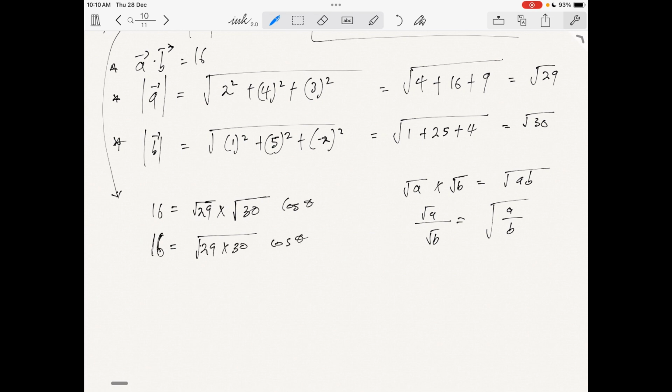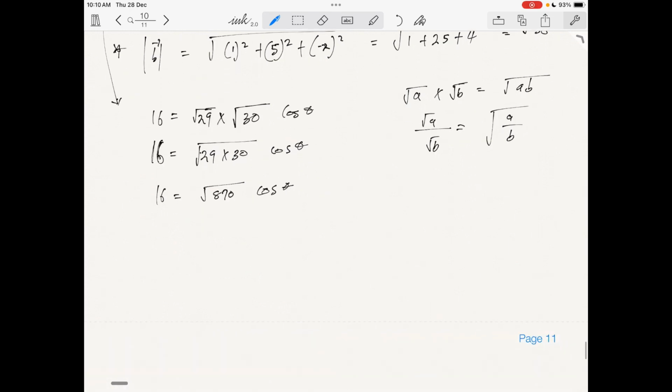So 29 multiplied by 30 is 870. So 16 is equal to root 870 cos theta. Now with respect to that, we can divide both sides by root 870. So 16 divided by root 870 is equal to cos theta.